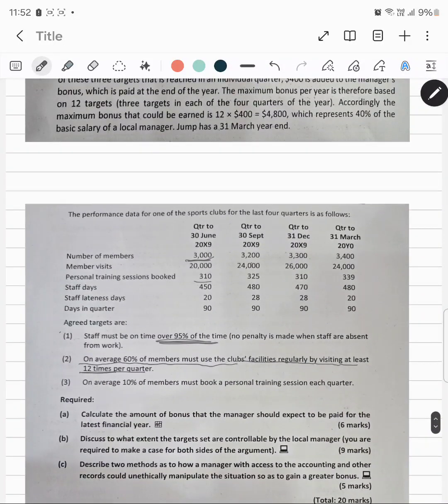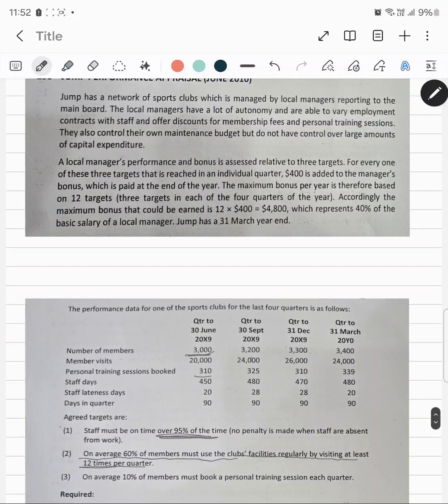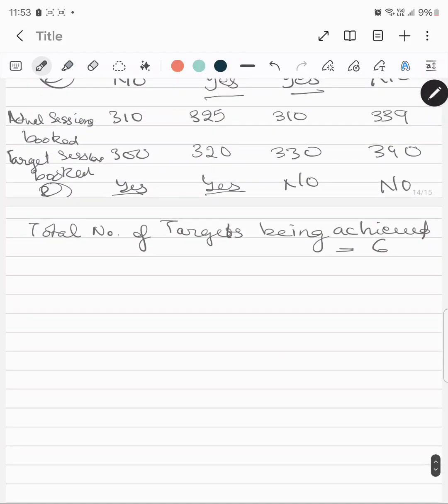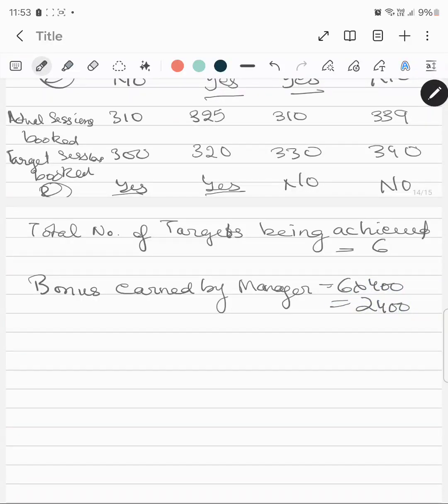Now they had mentioned that they will be paid 400 for each target, right? 400 bonus for each target achieved, that means the total bonus earned is 6 into 400, which is 2,400.